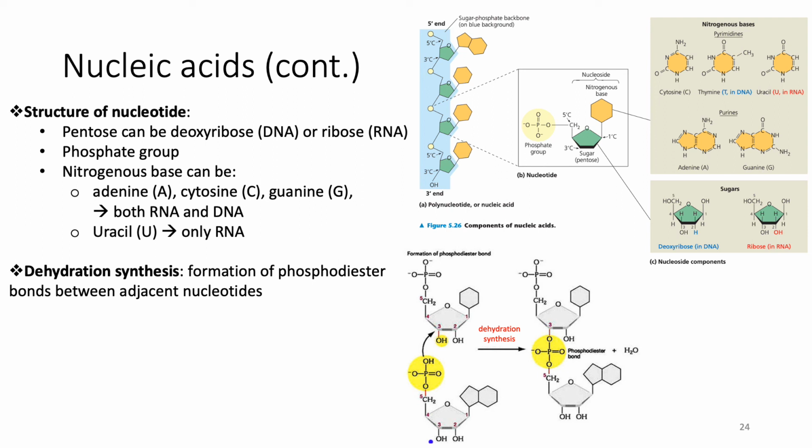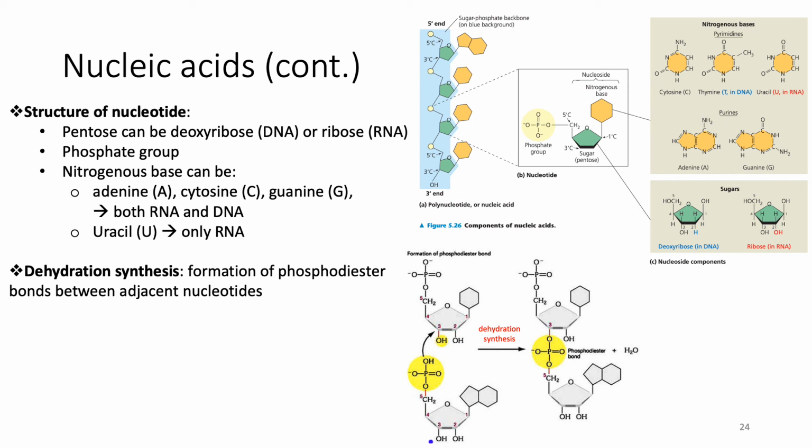To understand the structure of a single nucleotide, let's first consider the nitrogenous bases. Each nitrogenous base has 1 or 2 rings that include nitrogen atoms. There are two families of nitrogenous bases, pyrimidines and purines.